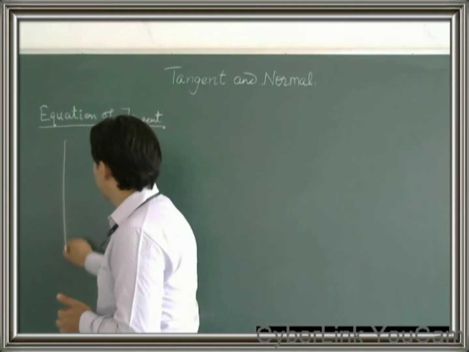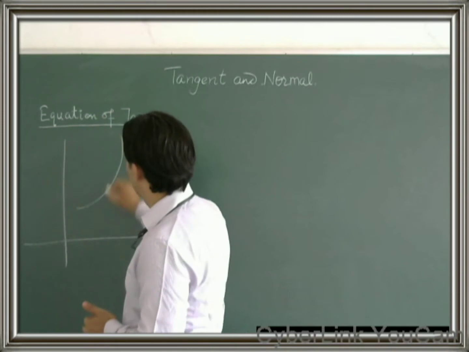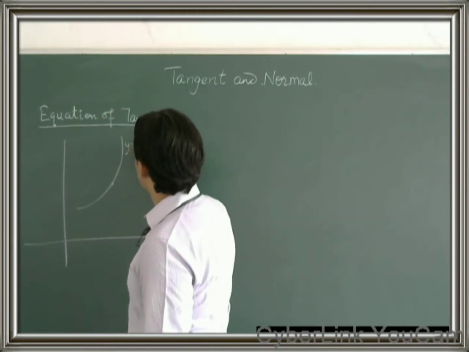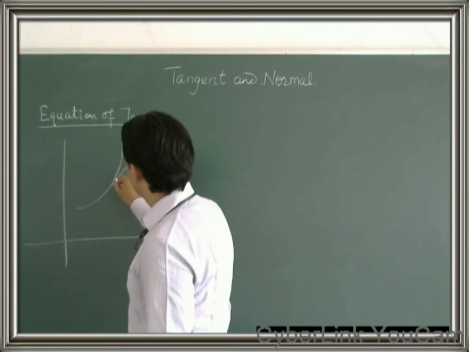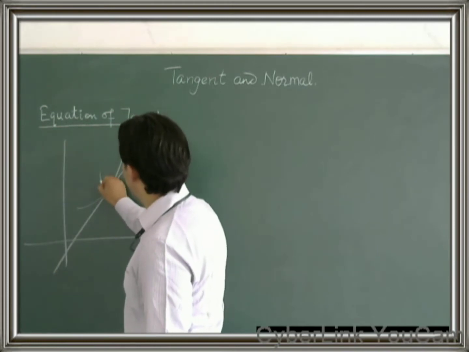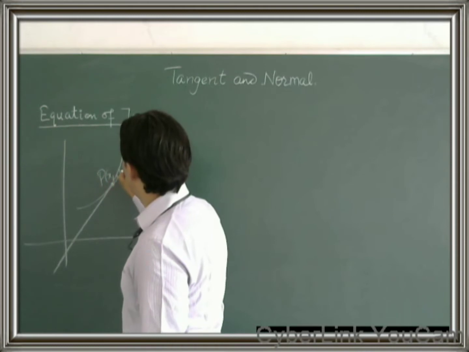We are just going to find the equation of a line only. So let me take a curve y equals f(x). I'll draw a tangent at the point P(x1, y1).